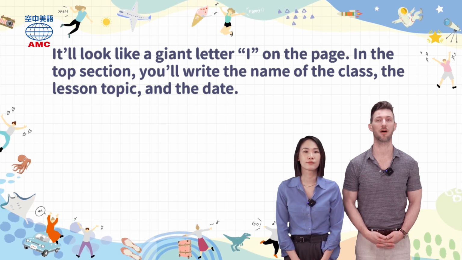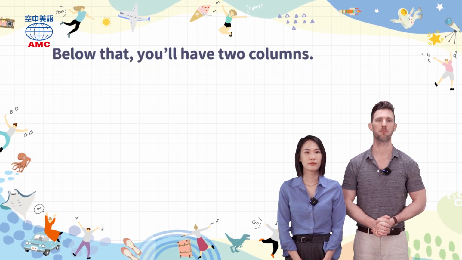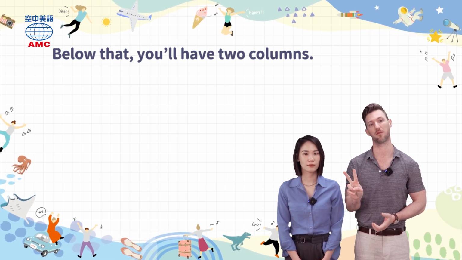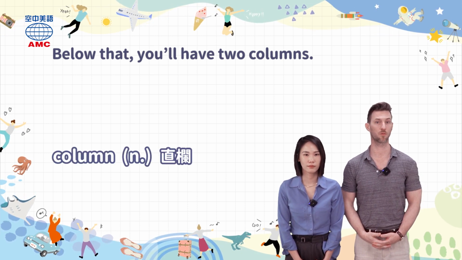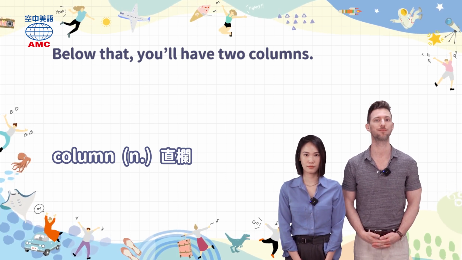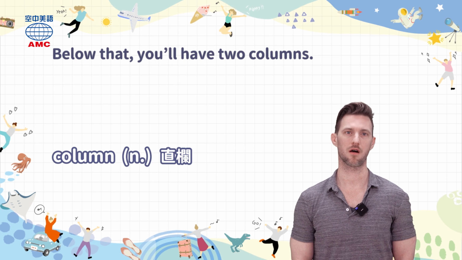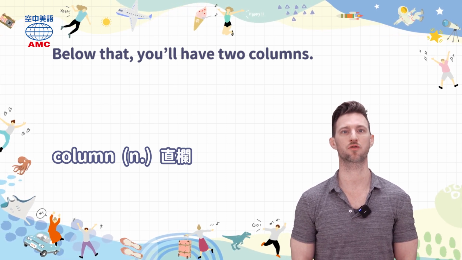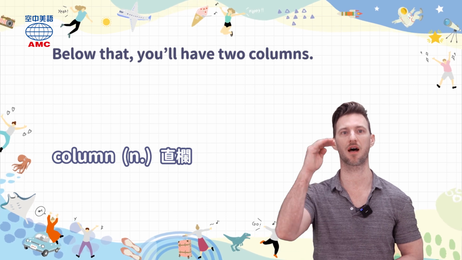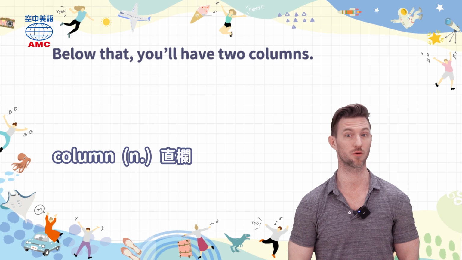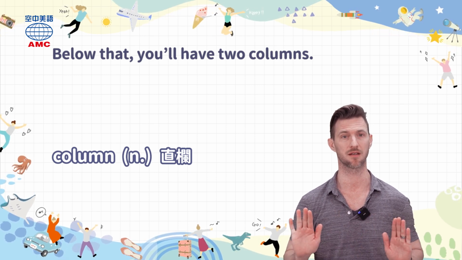Exactly. A title, exactly. And below that, you have 2 columns. And there we see the word column. Let's take a look at what this word is all about. Column is a noun. It is one of the straight sections from top to bottom into which text on the page or screen is divided.